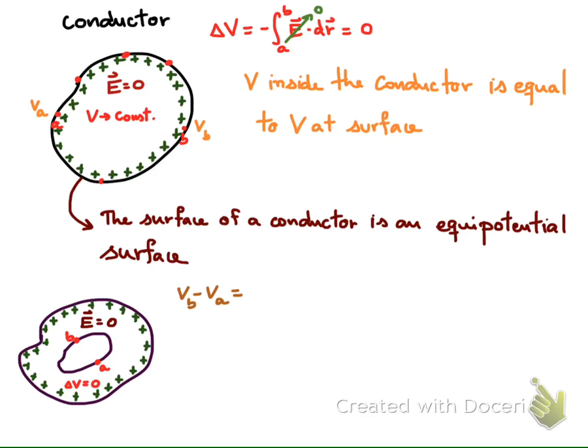Since A and B are inside the conductor, but just at the surface, we must have that VB minus VA is 0. Now, if we use the definition, which is the integral from A to B of E dot dr, this integral can be performed on an arbitrary path.